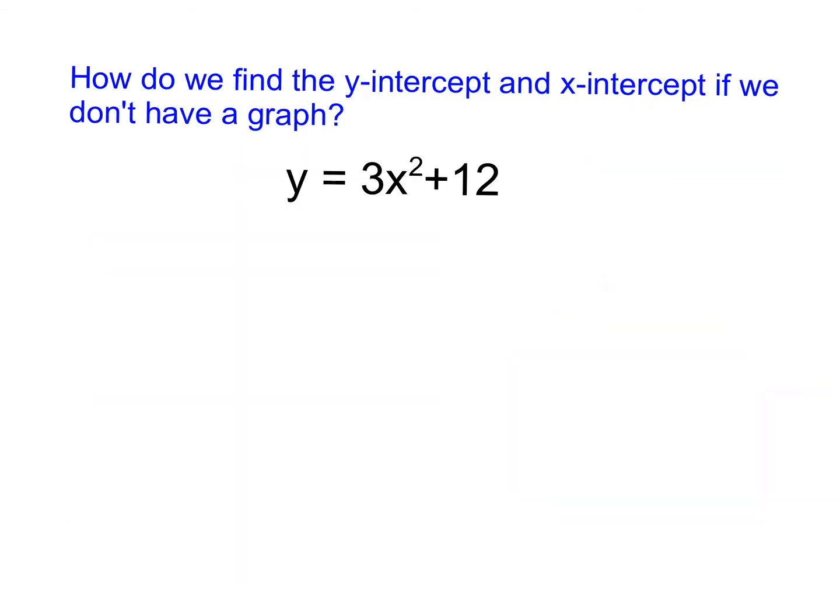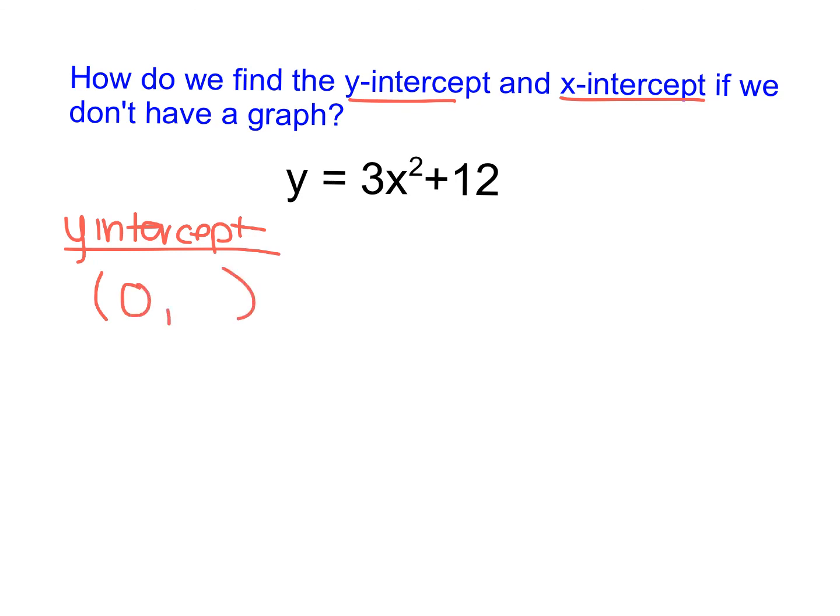Now let's apply that same thinking one last time. So I want to calculate my y-intercepts and my x-intercepts by hand. So remember, our y-intercept points are found when x is equal to 0 and we don't know what y is. So I go to my equation and substitute x is equal to 0, and I calculate the corresponding y value.